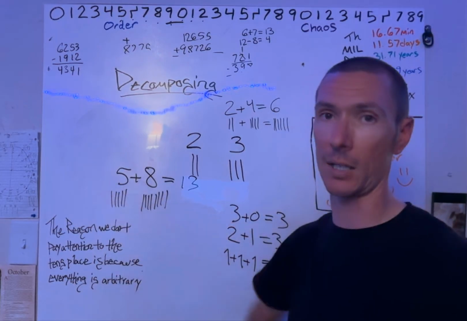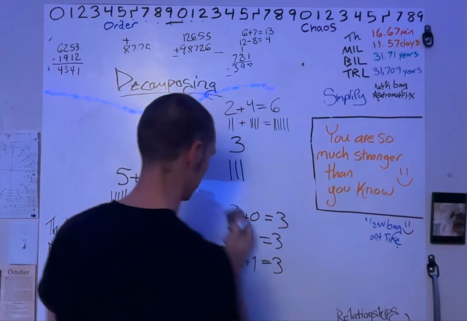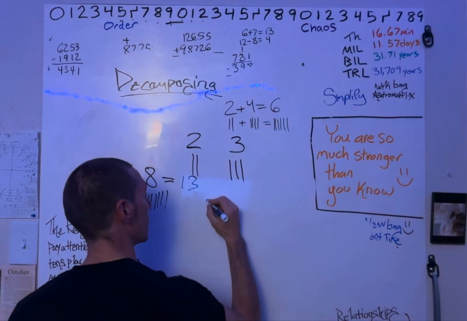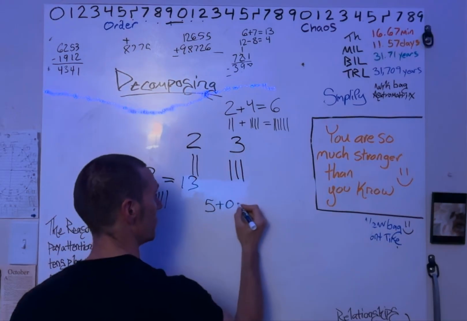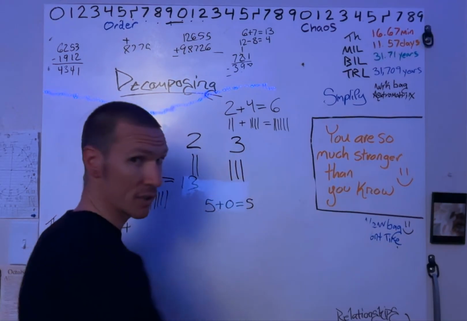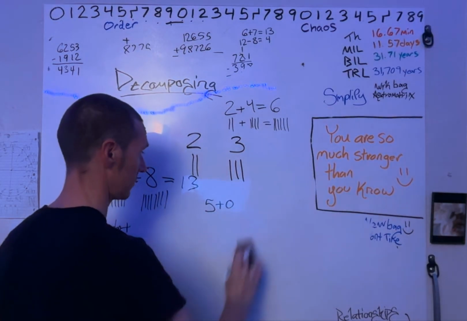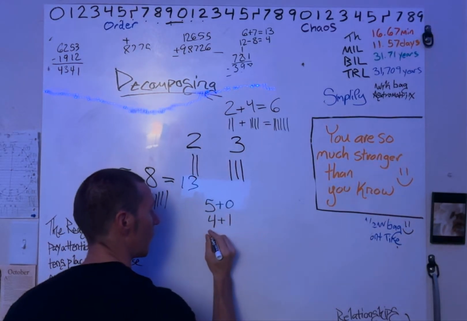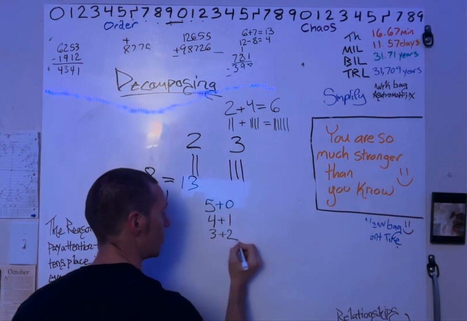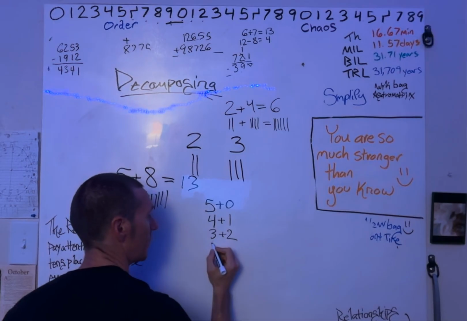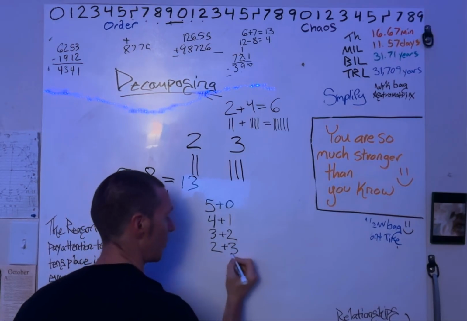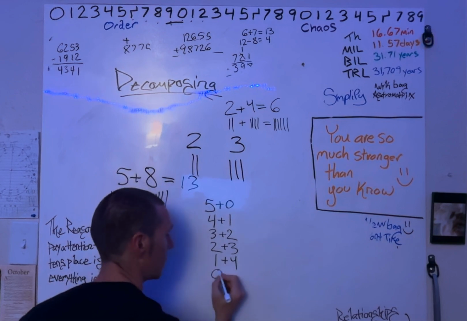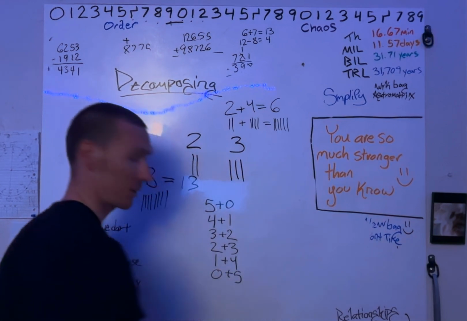Before I get into this, what are the decompositions of 5? We have 5 plus 0. I'm just going to leave this out because y'all can figure that out. 4 plus 1, 3 plus 2, 2 plus 3, 1 plus 4, 0 plus 5.